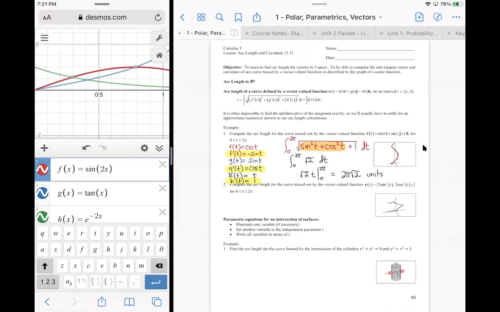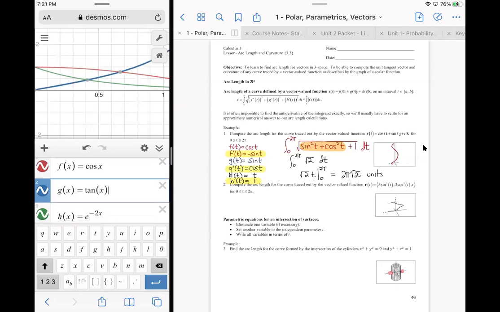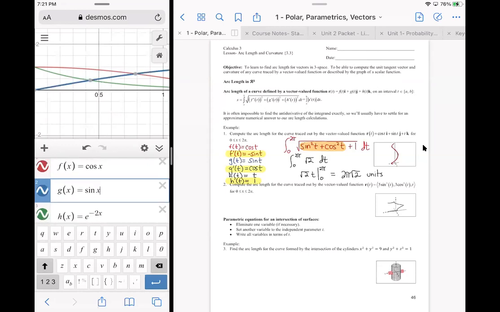All right, so I got cosine of x. Just want to make sure variables aren't going to matter here. So we're good. Sine of x. And then the last one would just be an x.